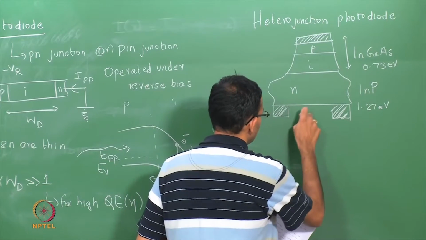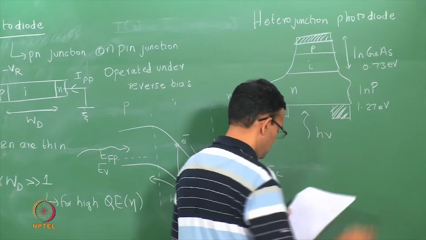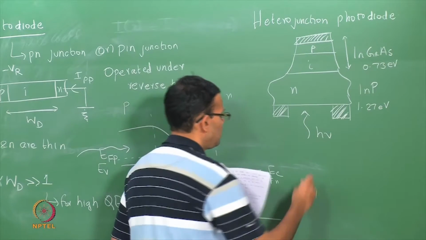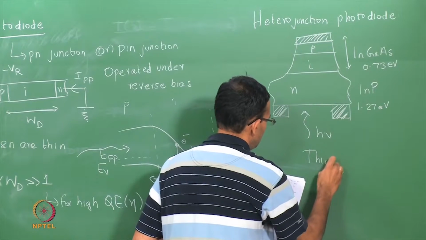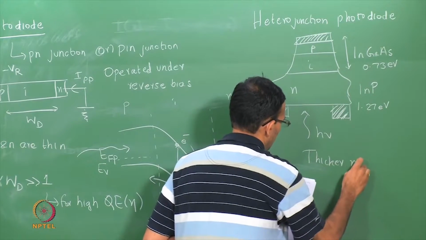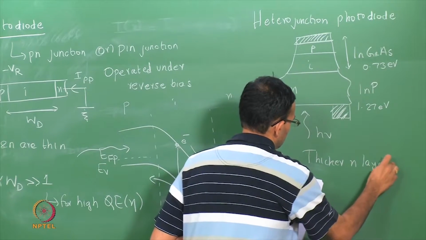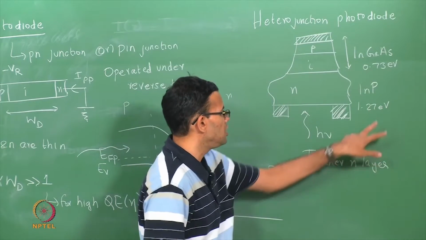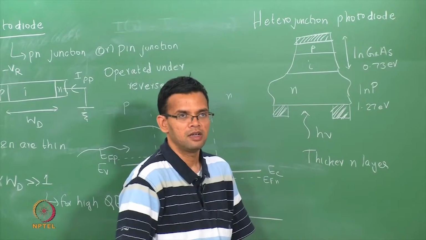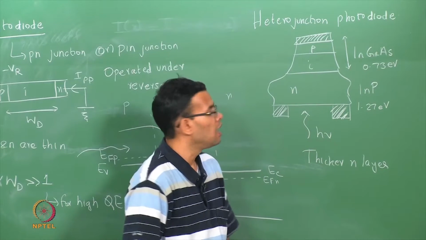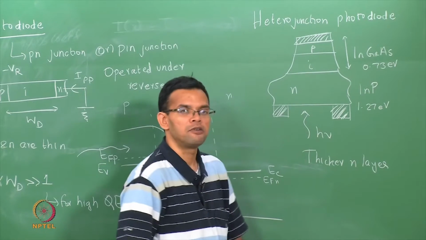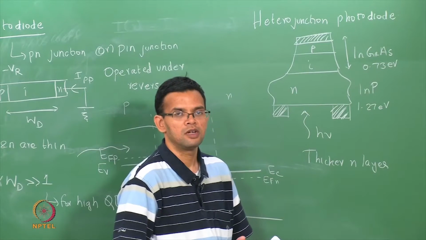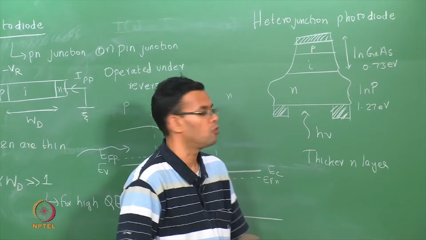So, in this case light shines from below, so that you can have a thicker N layer, so that all the wavelength whose energy is below 1.27 will get absorbed. Another advantage of the heterojunction photodiode is that you can cut off certain portions of the wavelength that you do not want.